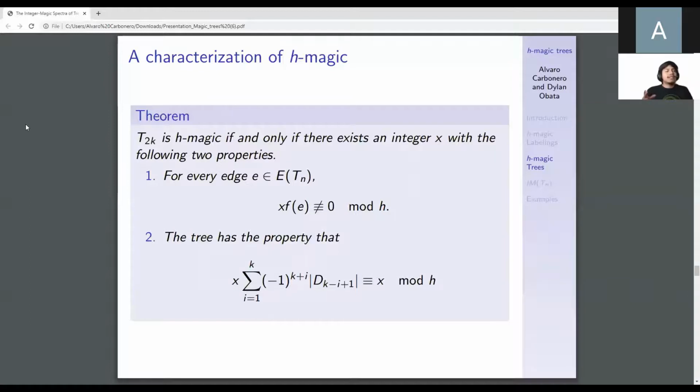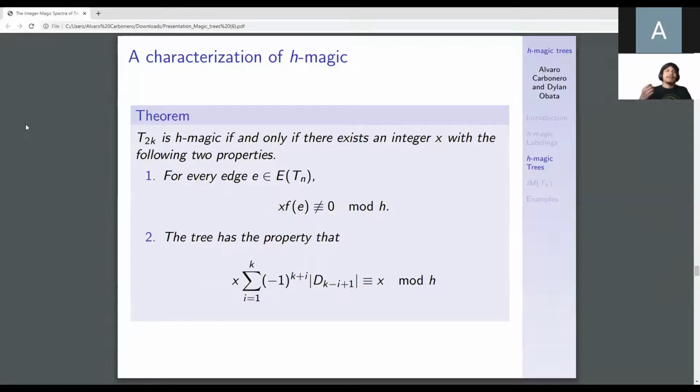And the second one might seem more complicated, but the left hand of the second property is the algebraic expression for the labeling that the center would get. And of course, the right is the x, so it's just saying that yes, the center also gets assigned the constant labeling.